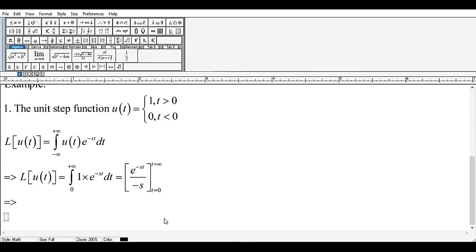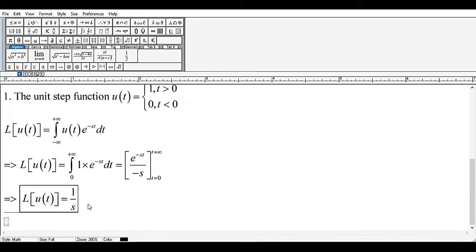So eventually we will end up with Laplace of u(t) equal to 1 by s. From this example, one can understand how the basic integral formula of Laplace transform can be used in order to find out the Laplace transform of any function.